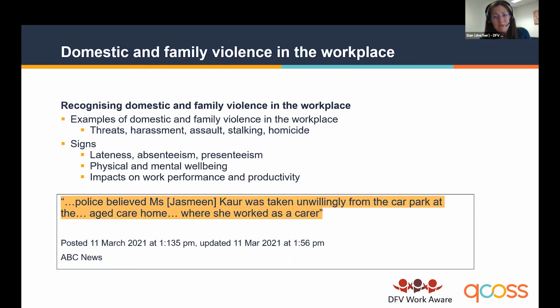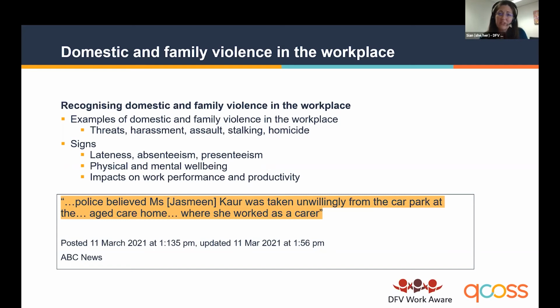So DFV Work Aware training provides more information about recognising domestic and family violence in the workplace. I'll only provide a brief overview here, but you're certainly welcome to get in touch if you'd like to arrange free training for your workplace. Some examples of how domestic and family violence can come into the workplace include threats to a person or a person's co-workers in the workplace, harassment or assaults on the person or co-workers at their workplace.